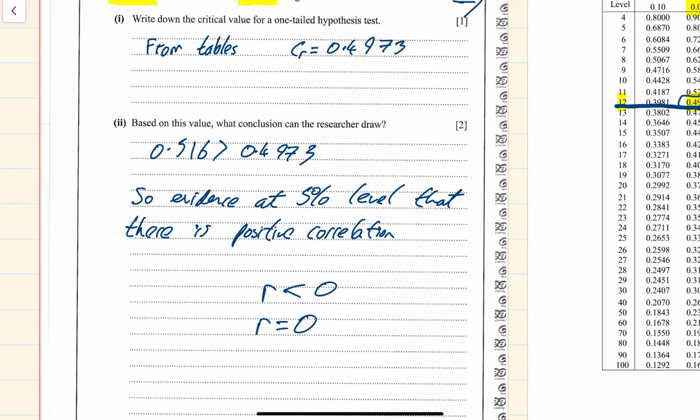I don't know what an example would be, but maybe as time increases, the value of something decreases. And then positive correlation: as one thing gets bigger, so does the other. That's all it is. So we have shown that there is evidence at 5% level that there's positive correlation. That's what we're at in this question.